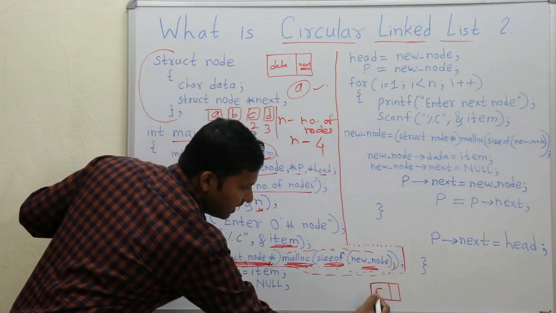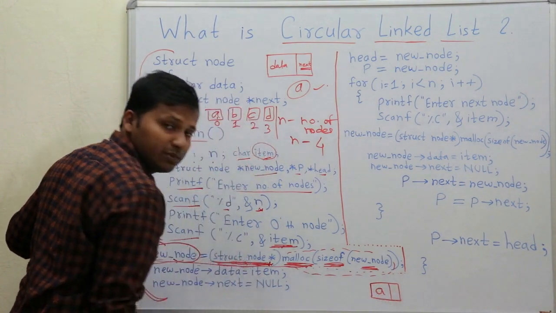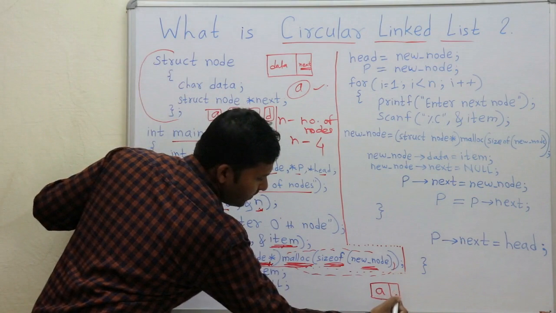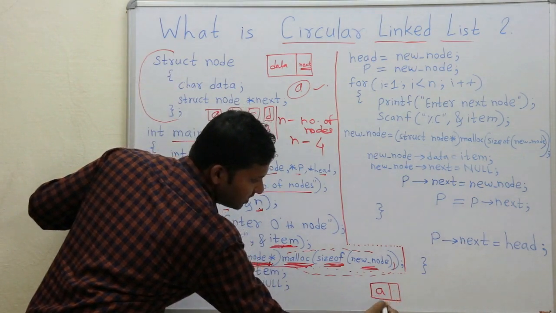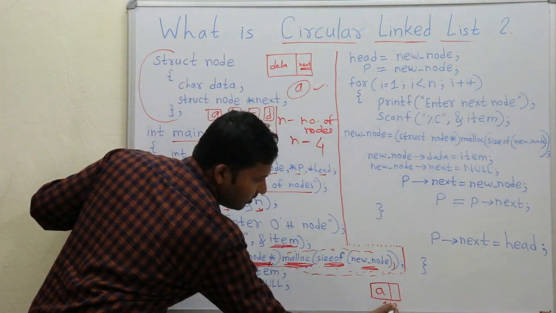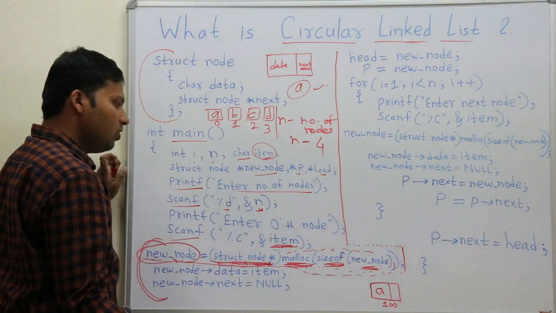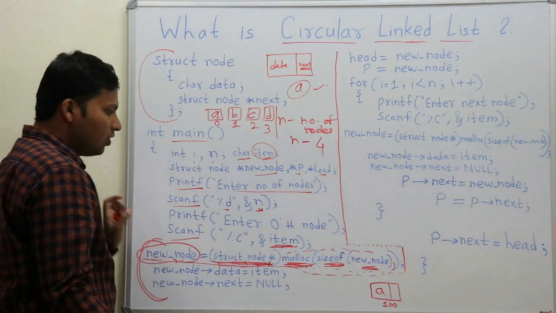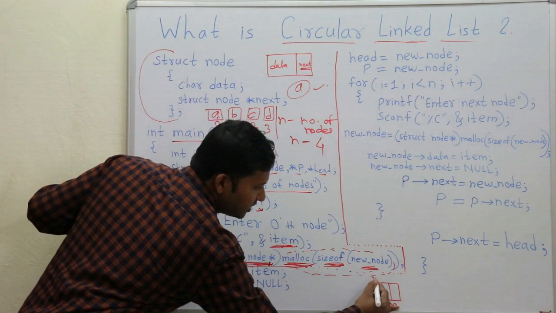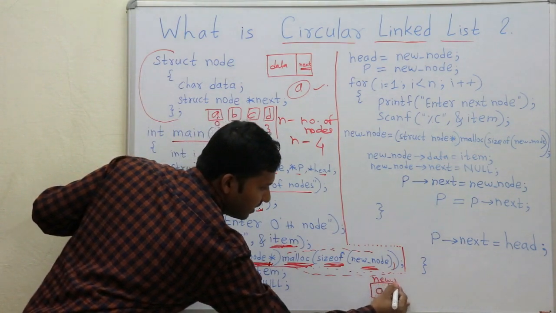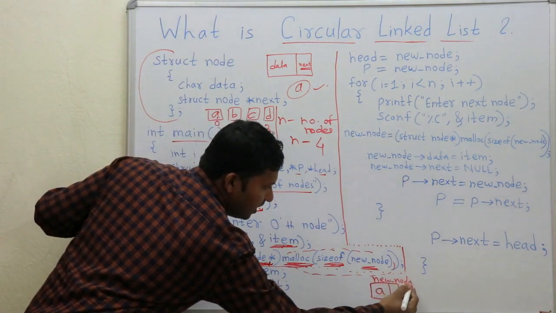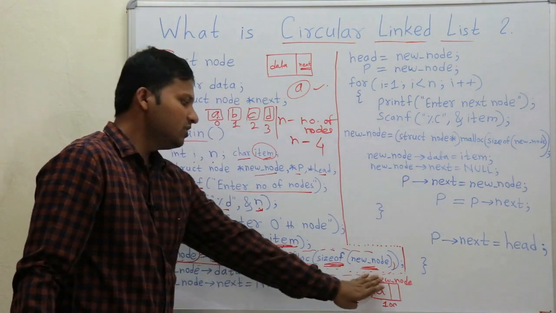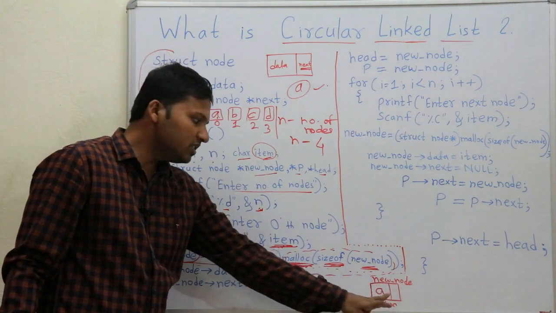The data is A, then the next pointer. Suppose this node is allocated on memory location 100. So the new node pointer points to this memory location, means the name of the node will be new node, new node pointer points to this node.